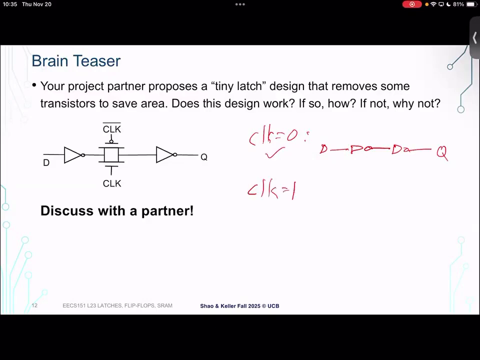When clock is low, now we've broken the switch, right? So let's say that just before the switch opened up, D was 0, and this intermediate node, D bar, was 1, and Q was 0. So now we've opened the switch.